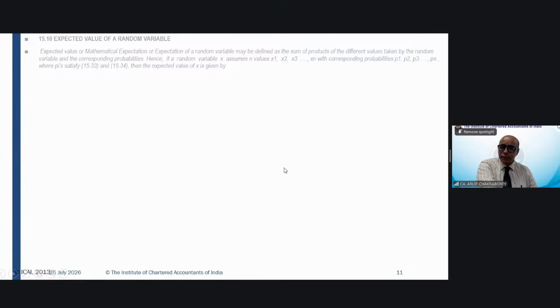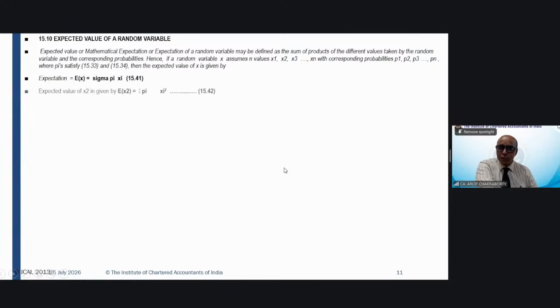Lastly, we look at the expected value, and then we start with a series of problems. Expected value of a random variable is simply the product of the value and the probability it can assume. So the mathematical expectation is given by sigma pi xi, where pi is the probability that it gets a value of xi.